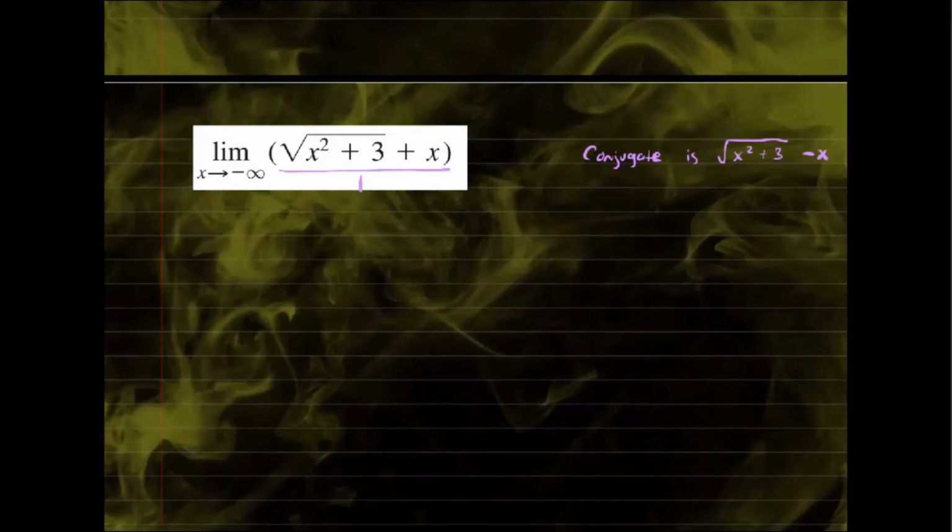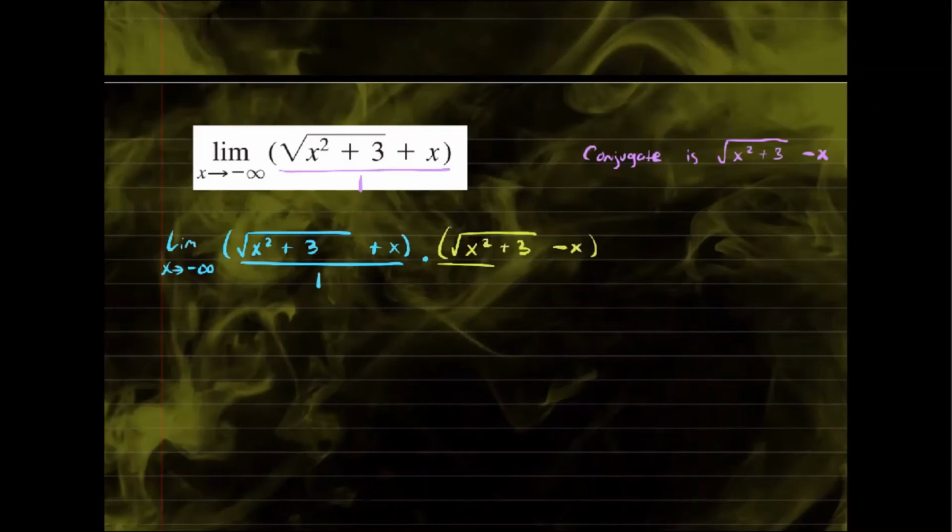So we have the limit as x approaches negative infinity of the square root of x squared plus 3 plus x divided by 1. And now we multiply by the conjugate. And the conjugate, we just said, is going to be the square root of x squared plus 3 minus x, top and bottom. So that gives us the following.